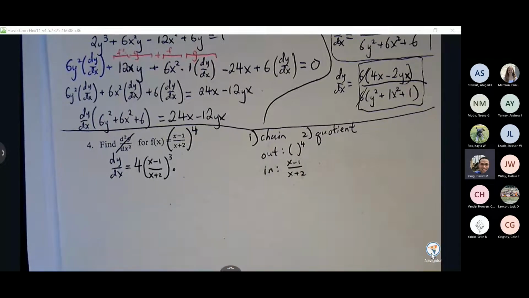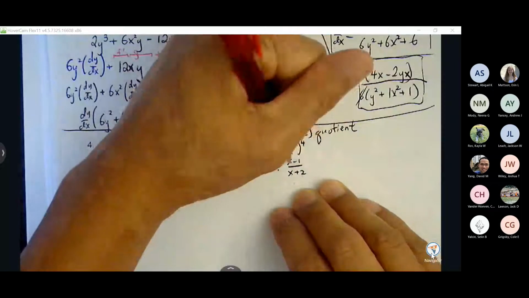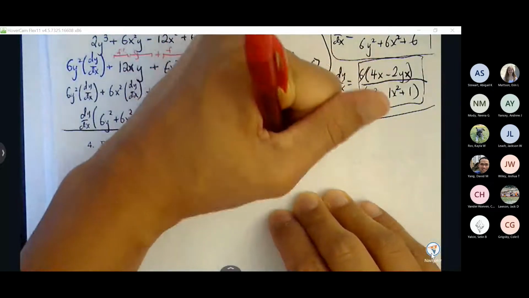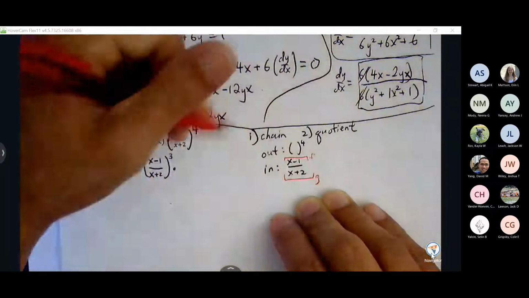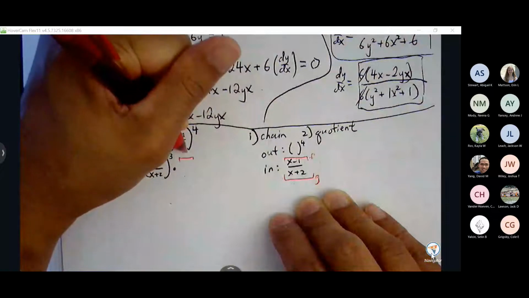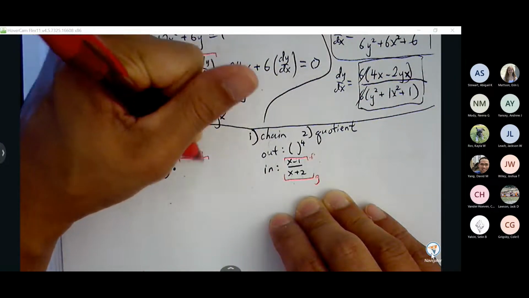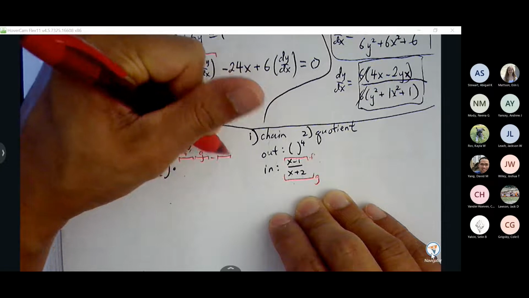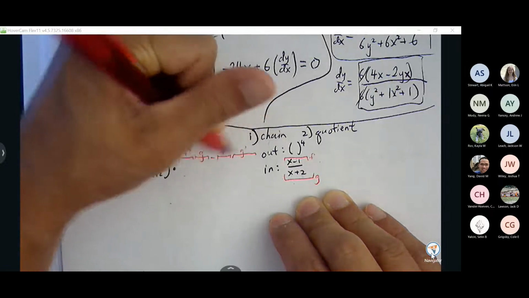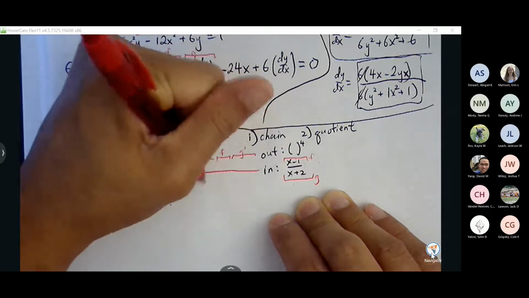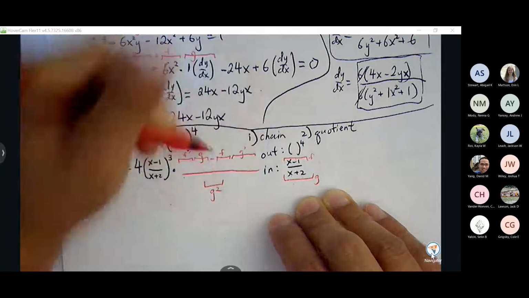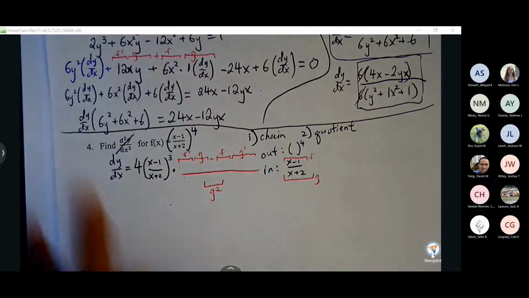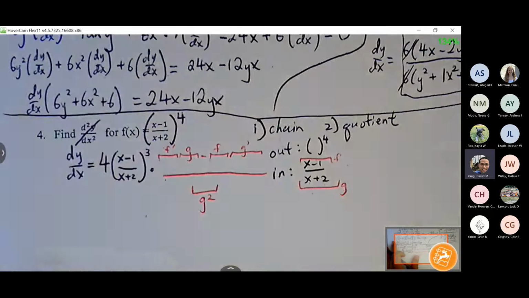That's numerator, denominator. We got to do quotient rule there. Okay, f prime g minus f g prime all over g squared.